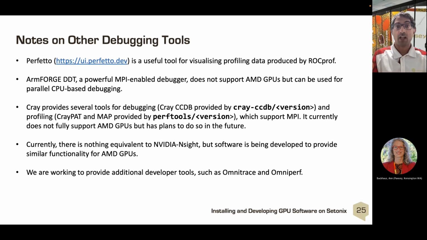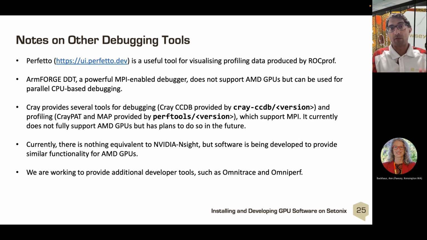Perfetto is a useful tool for visualizing profiling information provided by ROCprof. It's just a website. Perfetto does provide a process for having a local copy because the website has a limitation on how big a profiling data set you can look at. Local copies can go beyond that 2 gig range, but typically you never need a local copy.